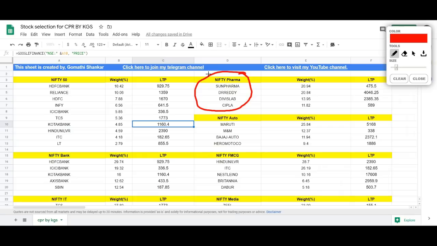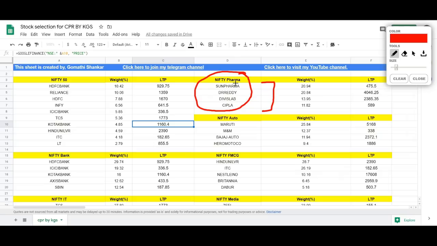Now I want you all to focus on each and every sectoral index and only the top stocks. For example, in Nifty Pharma, most people will trade in Aurobindo or Biocon.